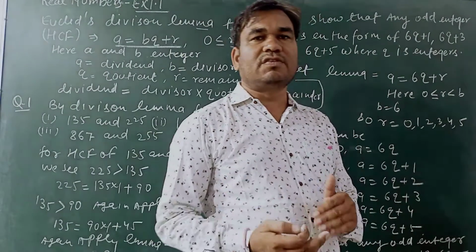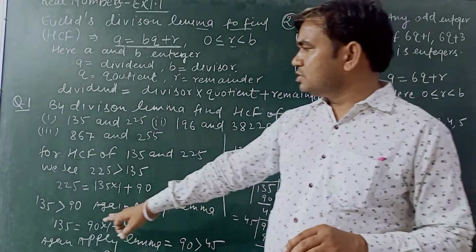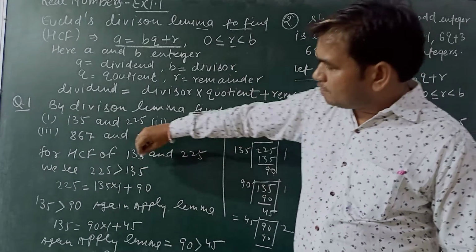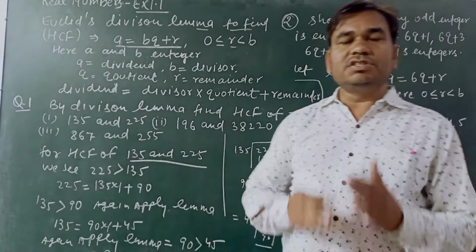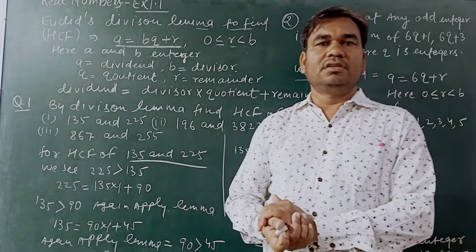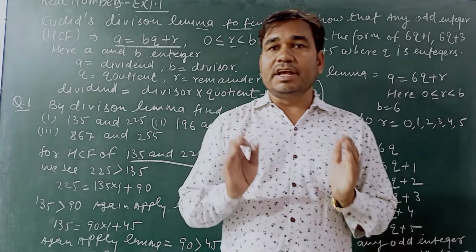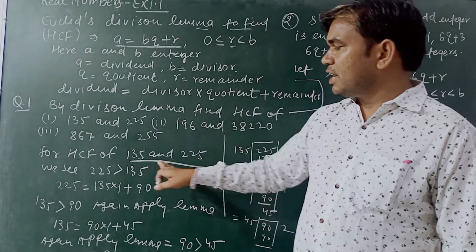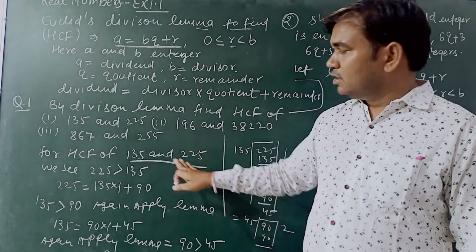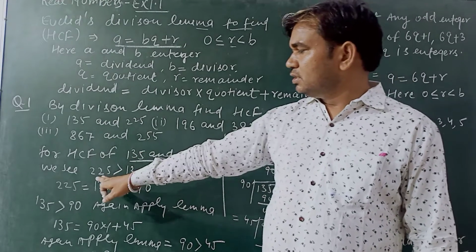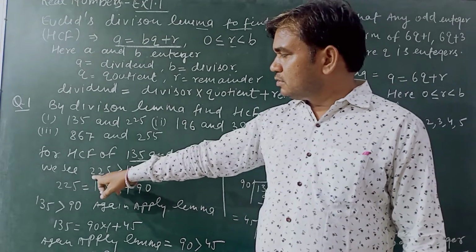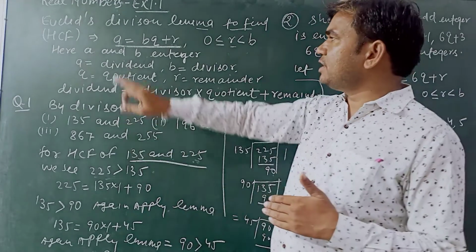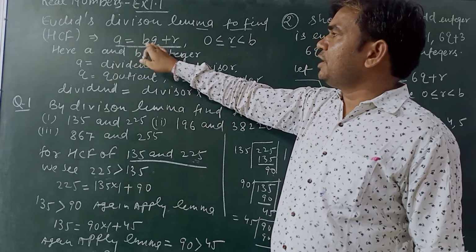So for question number 1, first part, we take the HCF of 135 and 225. These are two integers, and when we talk about the HCF of two integers, we should first remember the condition that the greater number, 225, is greater than 135, and we have to satisfy the division lemma, a equals bq plus r.